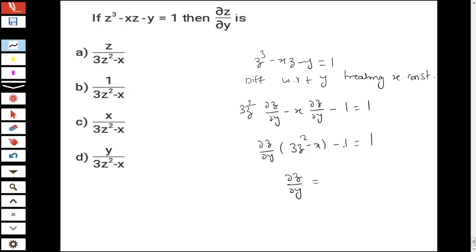So del z by del y is equal to 1 plus 1, that is 2, upon 3z square minus x. The answer for this will be, okay, we have to make a change here: it must be 2 upon 3z square minus x, so with that option A will be correct.